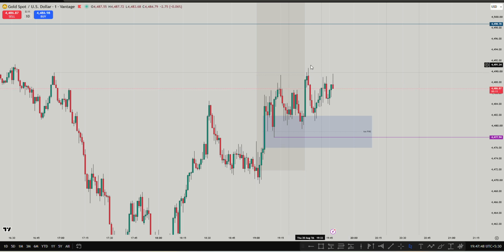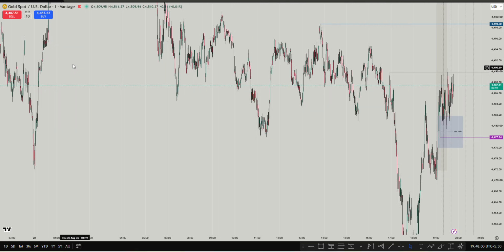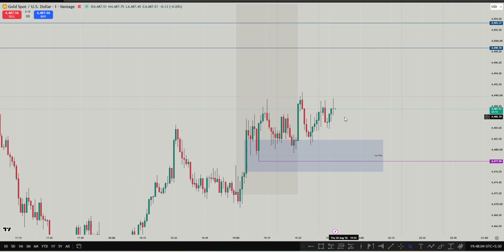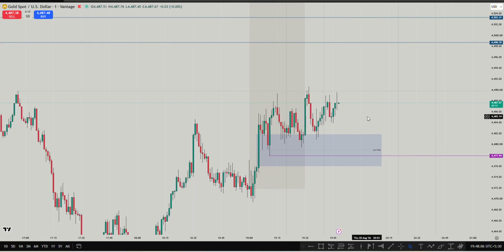This is a very important price level, the 50% of that whole balance range.